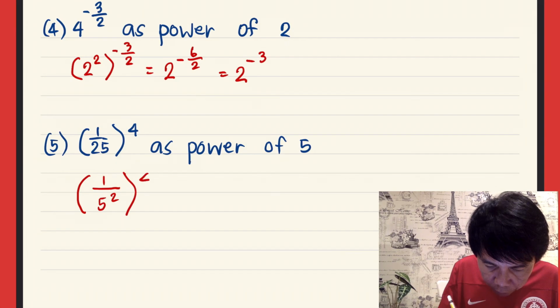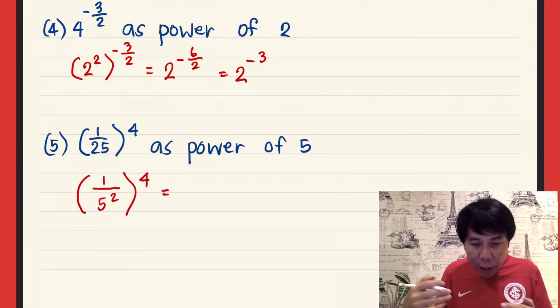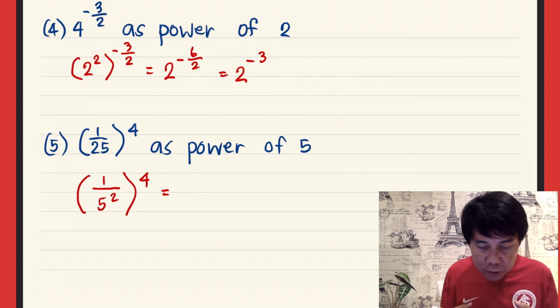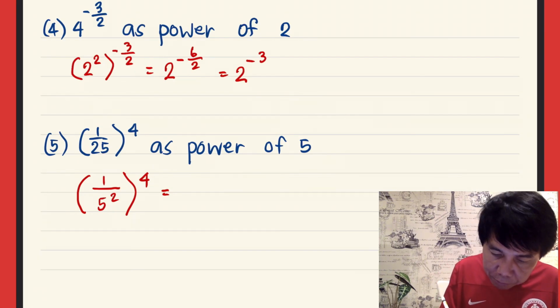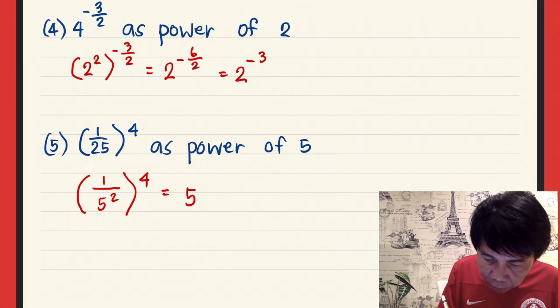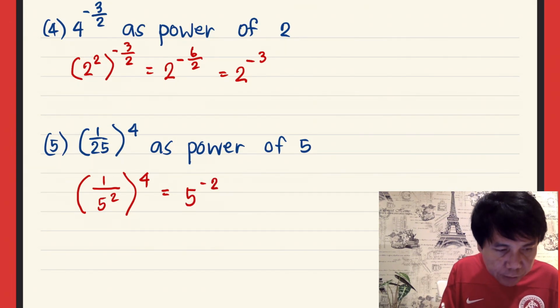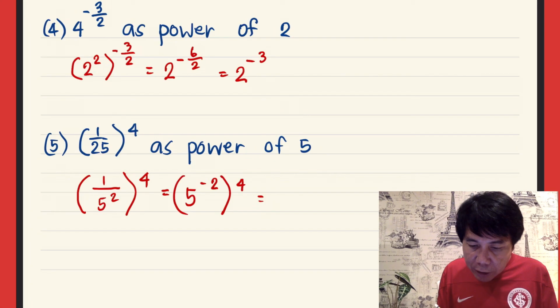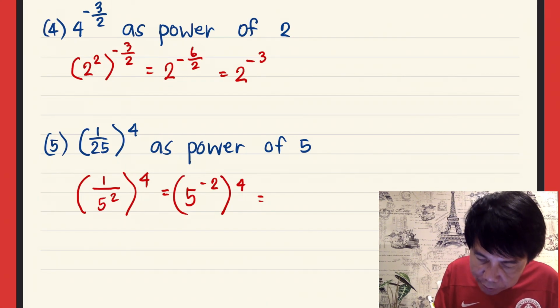And we know that when we have it in the denominator, that is negative. So it is the same as 5 raised to the power of negative 2, and then multiply it by 4. Then we have negative 2 times 4, which is negative 8. So the answer is 5 raised to the power of negative 8.